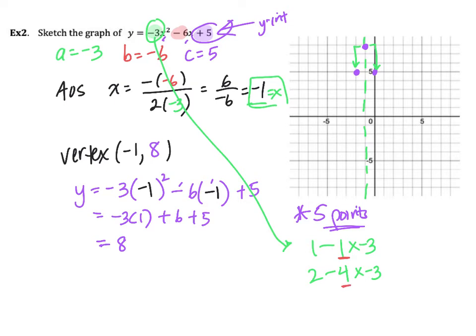Usually we go right and left 2 down 4, but I'm going to go right 2 and then down 1, 2, 3, 4, 5, 6, 7, 8, 9, 10, 11, 12. Right, so I'm going to go triple that amount and then symmetric. I'm going to go over here and do the same thing. And then I'm going to do my best to connect those points as a smooth curve. And there is my parabola. Awesome.